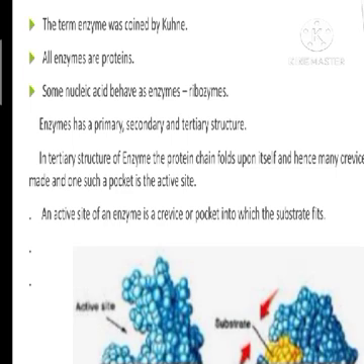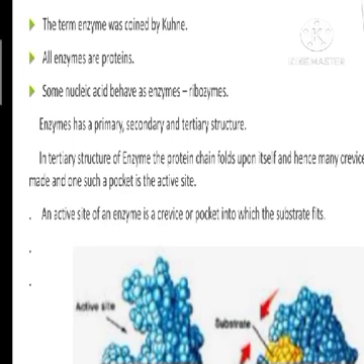So if you see the tertiary structure of the enzyme, the protein chain will be folding upon itself and this chain will be crisscrossing itself and thus many crevices or pockets are made. One such pocket is termed as the active site. So what is an active site? An active site of an enzyme is a crevice or pocket into which the substrate fits.